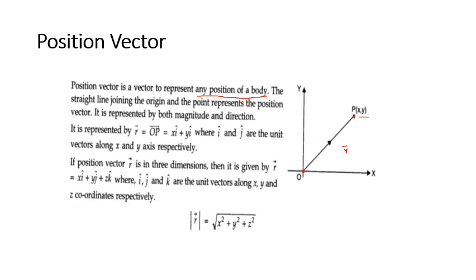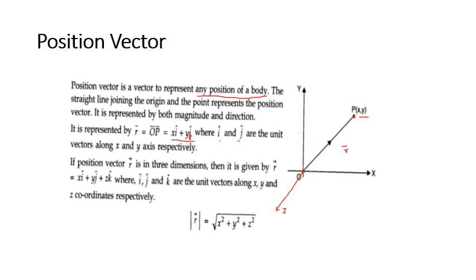r cap is equal to xi plus yj. This is j, students. xi plus yj, where i and j are the unit vectors along the x and y axes respectively. Imagine there is another axis in this direction, the z axis.